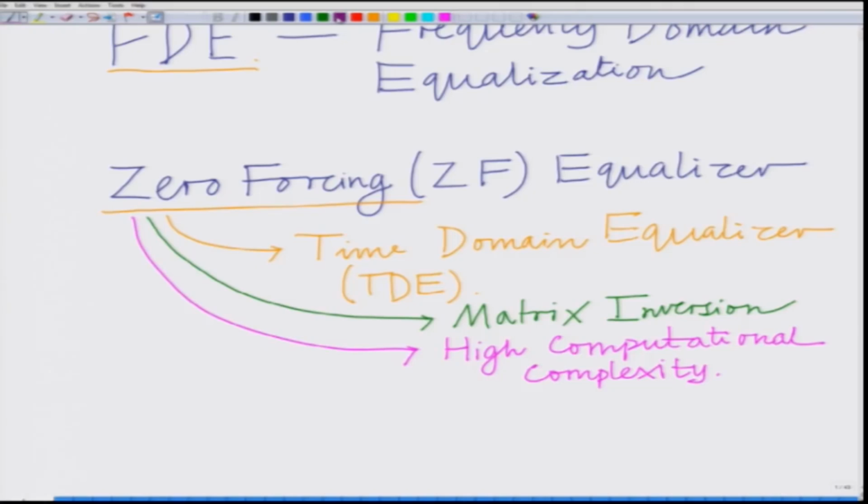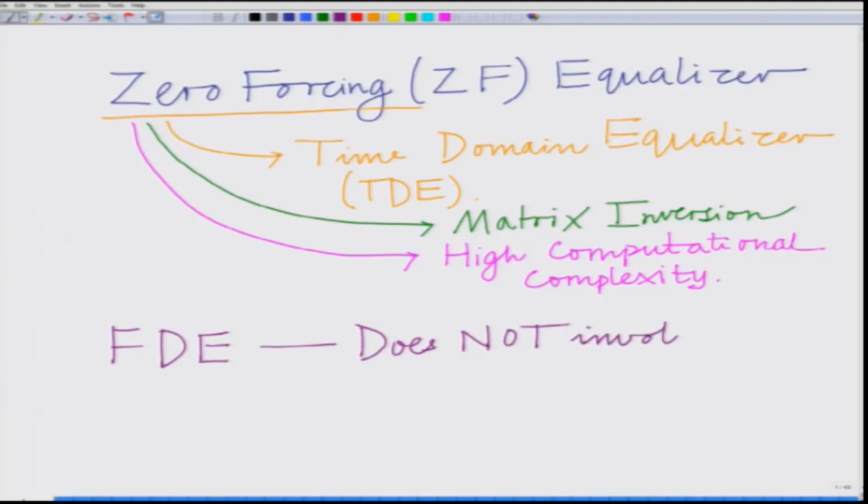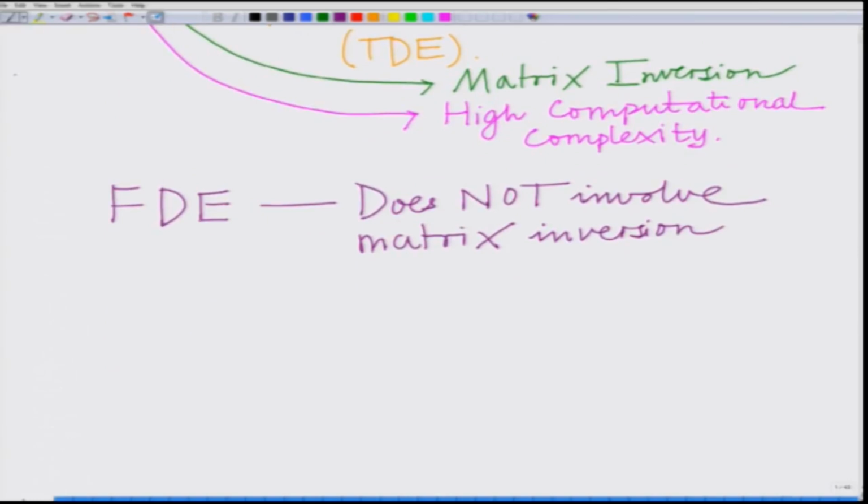So to summarize, FDE, although you have seen it explicitly in the previous module where we derived or described this technique, does not involve matrix inversion, that is computing the inverse of a matrix, and hence frequency domain equalization is very efficient.